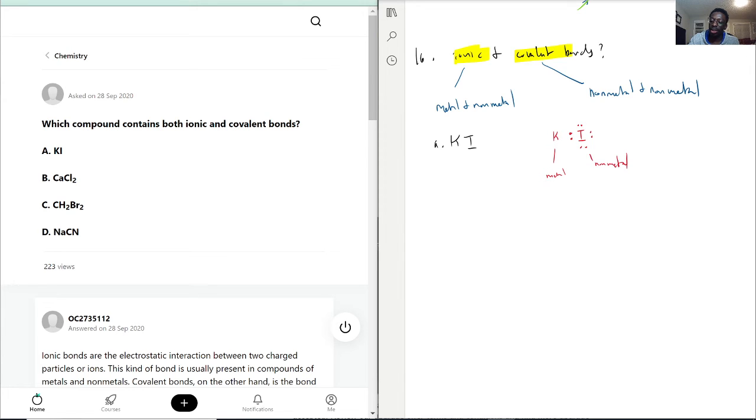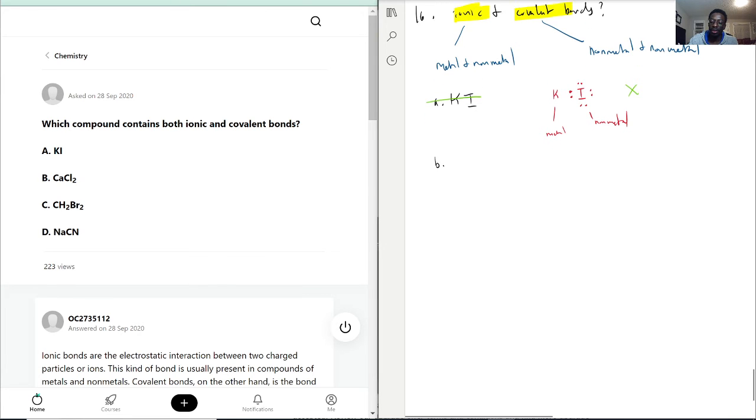This would be an ionic bond. But do we see any chance of a covalent bond? Unfortunately, because there's no other non-metal there, there is no covalent bond. So with that being said, A cannot be the choice.